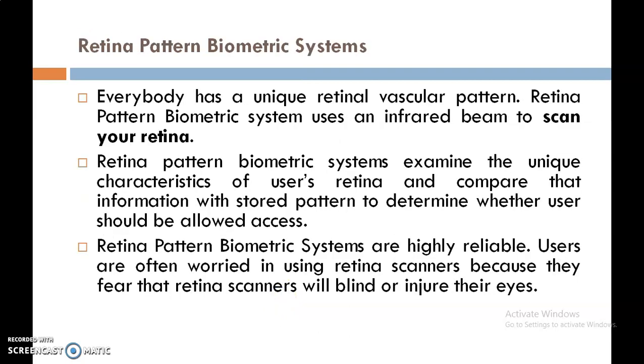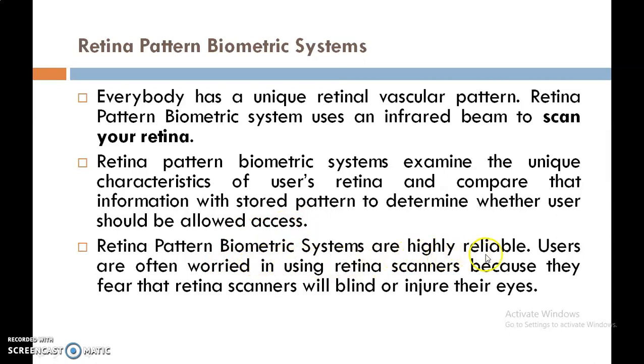Now next technique, Retina Pattern Biometric System. Everybody has a unique retina vascular pattern. The Retina Pattern Biometric System uses an infrared beam to scan your retina. It examines the unique characteristics of the user's retina and compares that information with the stored pattern to determine whether the user should be allowed access or not.